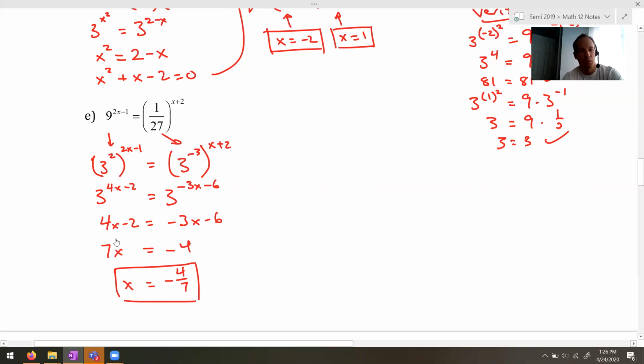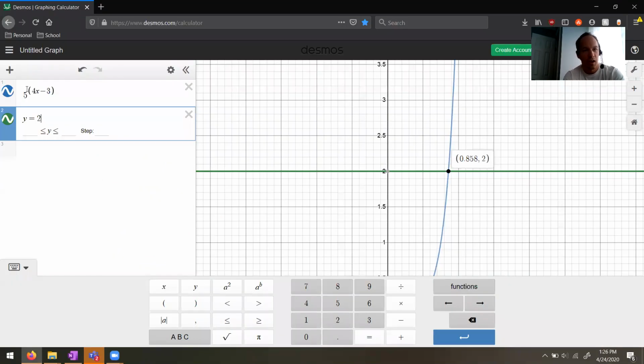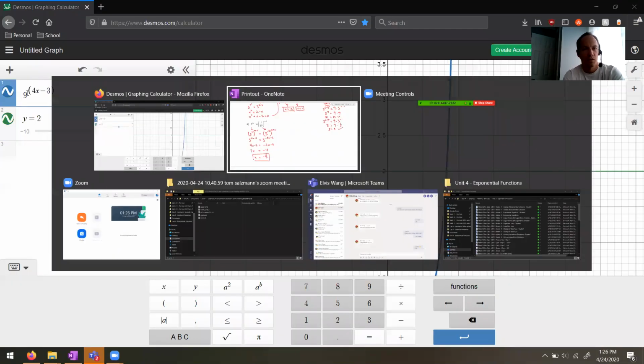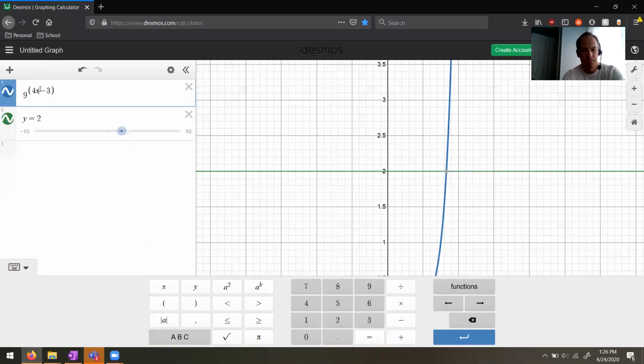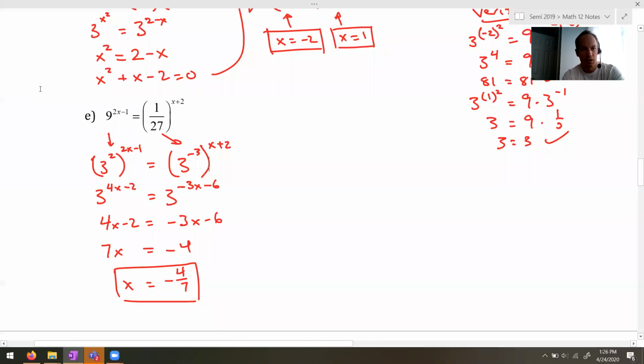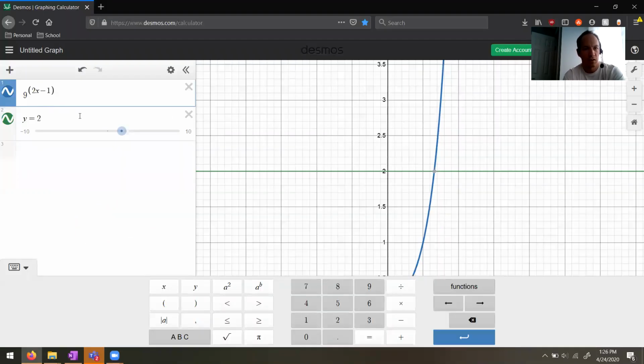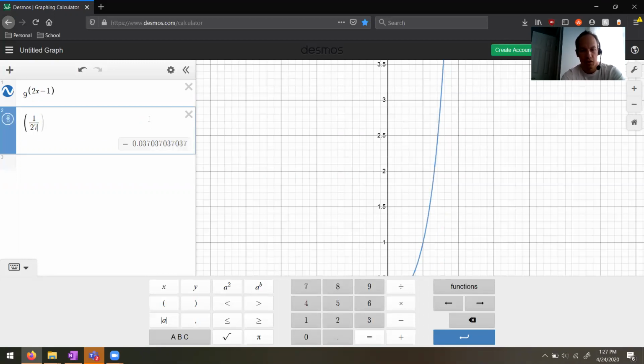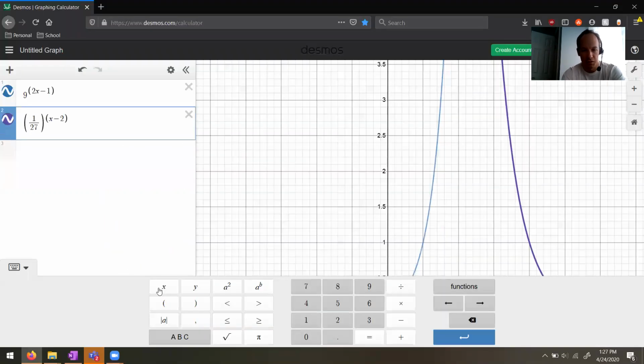So if we really wanted, we could jump up there and we could go 9 to the power of 2x minus 1. And then we could equate it to 1 over 27 to the x minus 2. So this would be, in brackets, 1 over 27 to the power of, and we want to use brackets for the exponents, x minus 2, no, x plus 2.